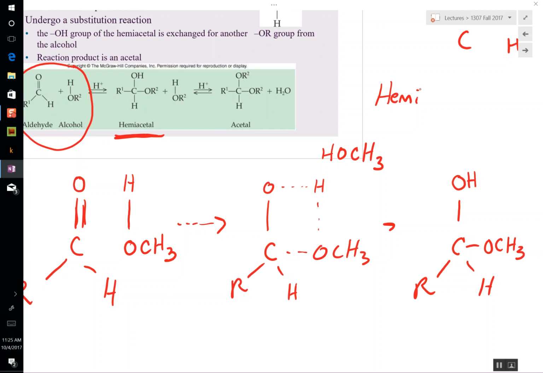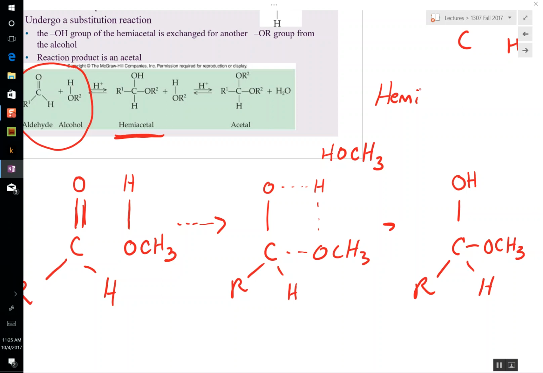Hemi is a fancy way of saying half. So here is an acetal, but we're only halfway to the acetal. So it's a hemiacetal. It's half of an acetal. You say, well, that helps a lot. I never even knew what an acetal was. Now you know what half of one is.